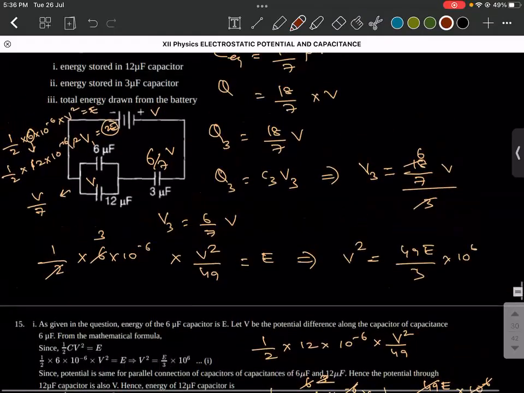So using the same logic, can you find the energy stored in the 3 microfarad capacitor? You have already done the whole problem. Good. 54 by, but that 49 should get cancelled. It should not be there. That's the answer.